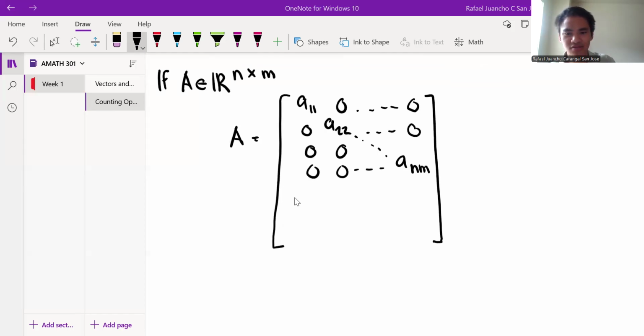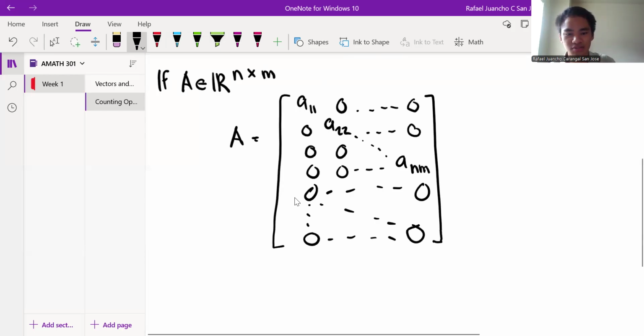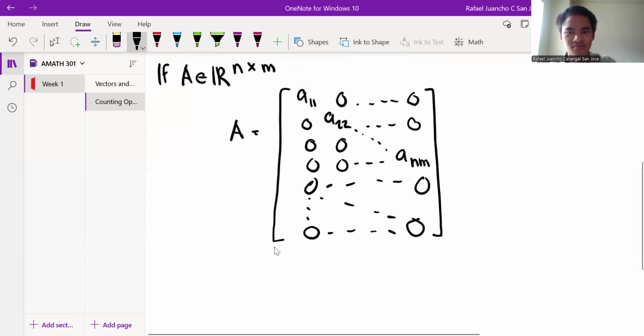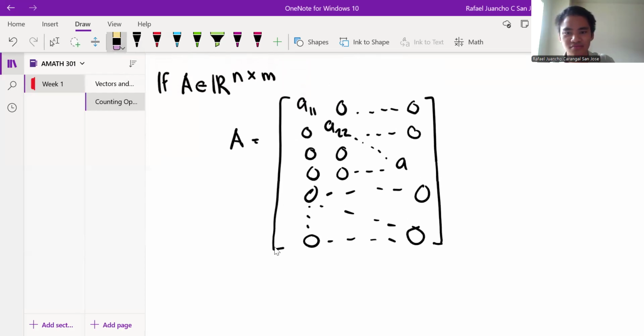So these are all zeros. Okay, so we actually made an n by m matrix. Here we have n rows.